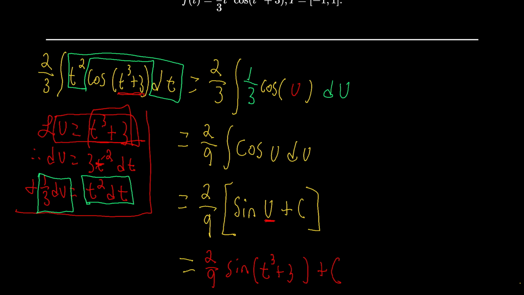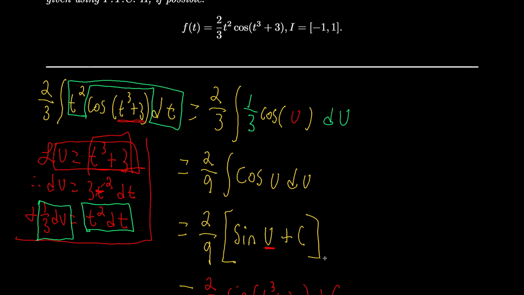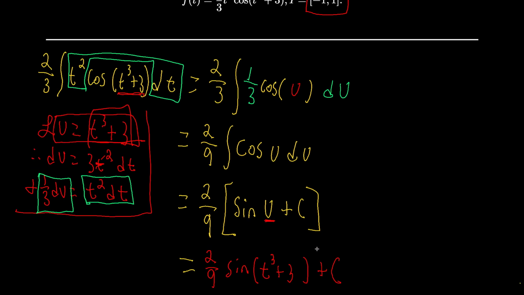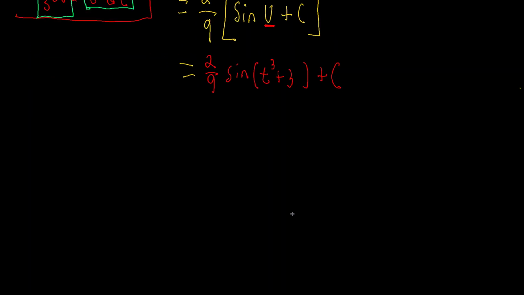If you take the derivative of this by the fundamental theorem of calculus part 1, you should get t squared cosine of t cubed plus 3 times your 2/3. And that's exactly what you'll get. Check it if you want to. Now, over the interval from -1 to 1, this is going to give a very weird answer, and that's fine. We're just going to leave it as a very weird answer, but we can also approximate it, because I believe the problem wanted us to approximate it.